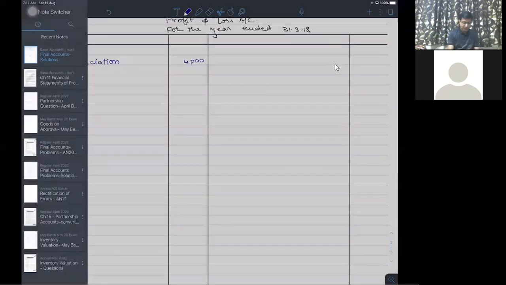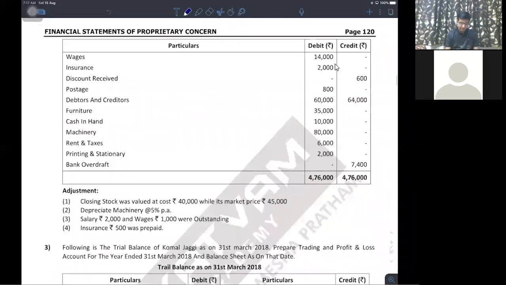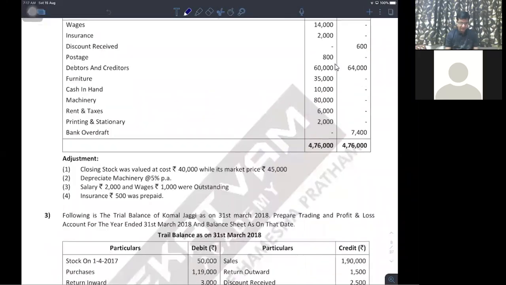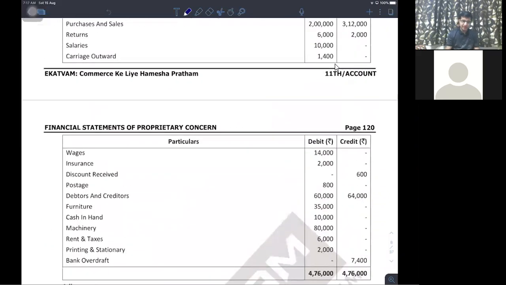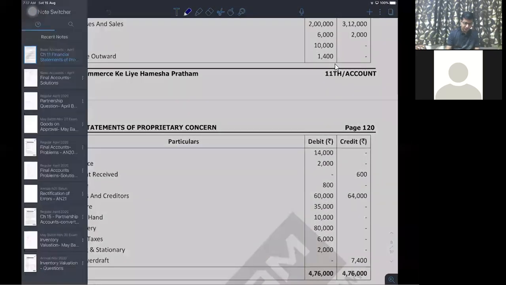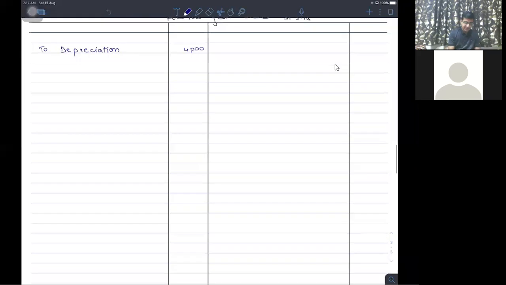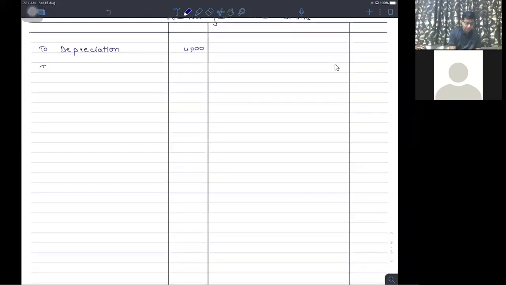Next is salary 2,000 and wages 1,000 was outstanding. The amounts which are given in the trial balance are salaries 10,000 and wages 14,000. So first in the P&L account debit side, to salaries, inner amount column 10,000, add outstanding rupees 2,000.